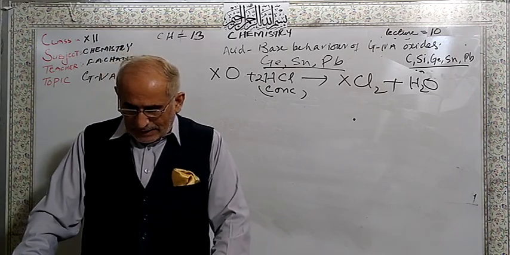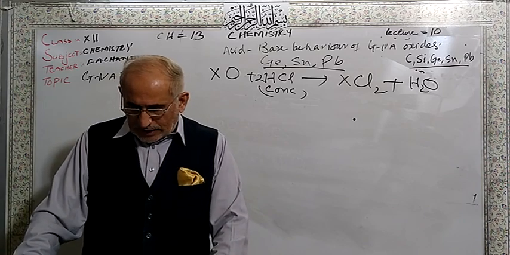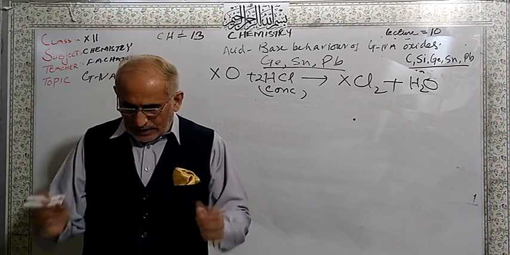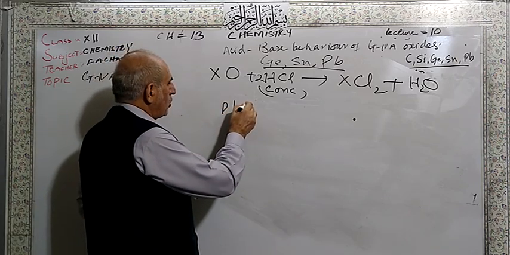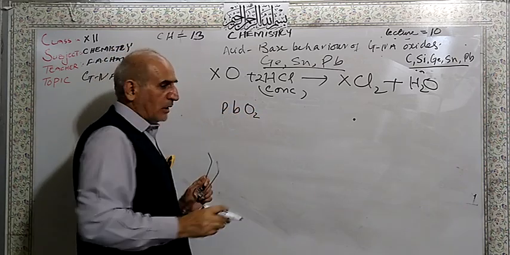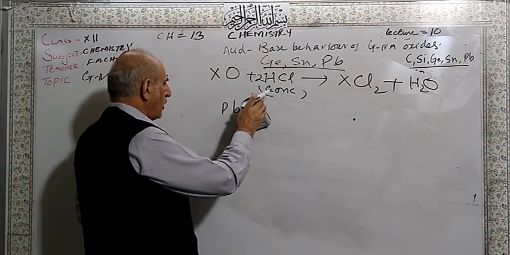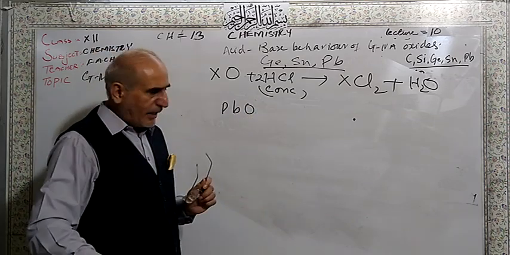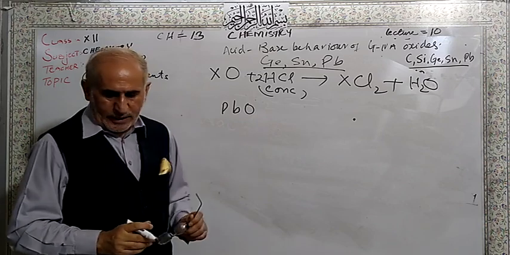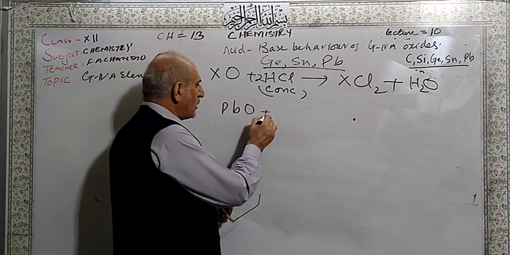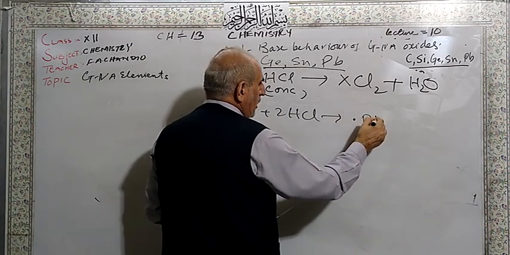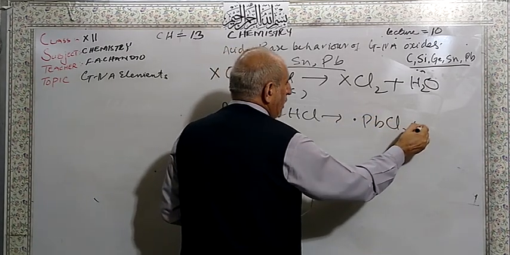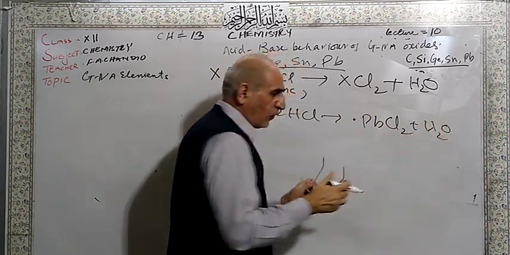However, for lead(II) oxide, the chemical reaction is given. Lead has a positive 2 and oxygen has a negative 2. It can react with hydrochloric acid to give lead dichloride and water.